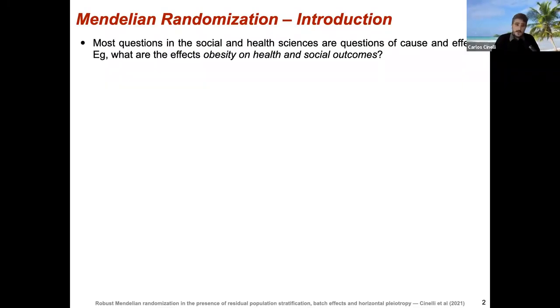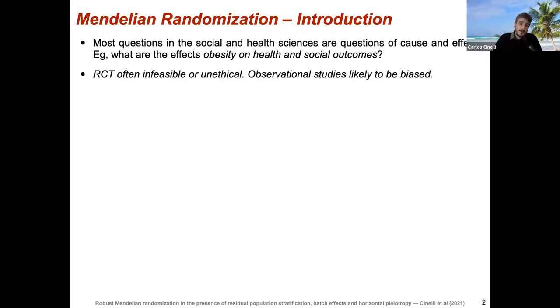Okay, so most questions in the social and health sciences are questions of cause and effect, such as, for example, what are the effects of obesity on health and social outcomes? And for most of these questions, randomized controlled trials are often infeasible or unethical. So we cannot simply randomize people to gain more weight or reduce their weight and accompany them for like several years.